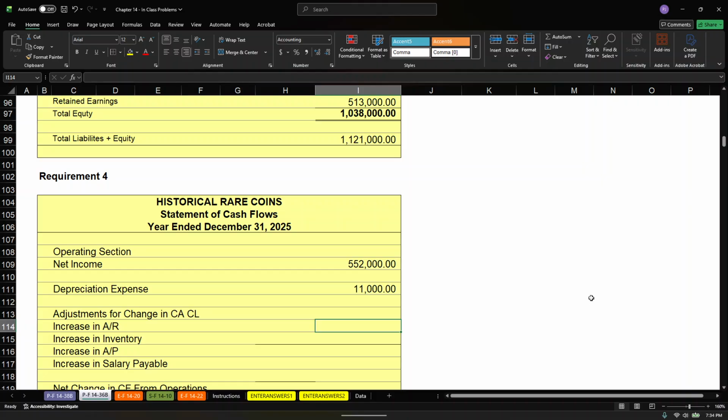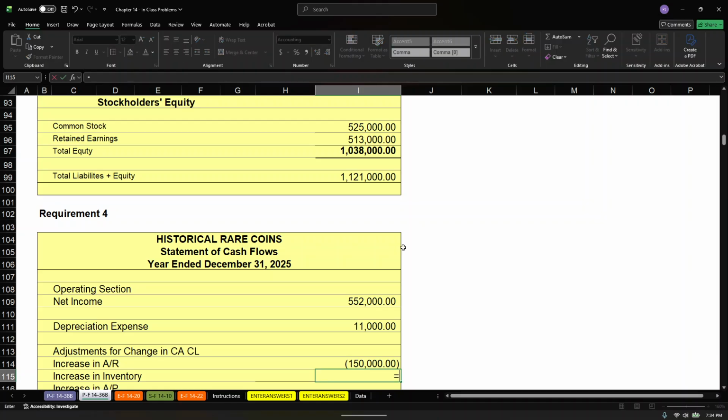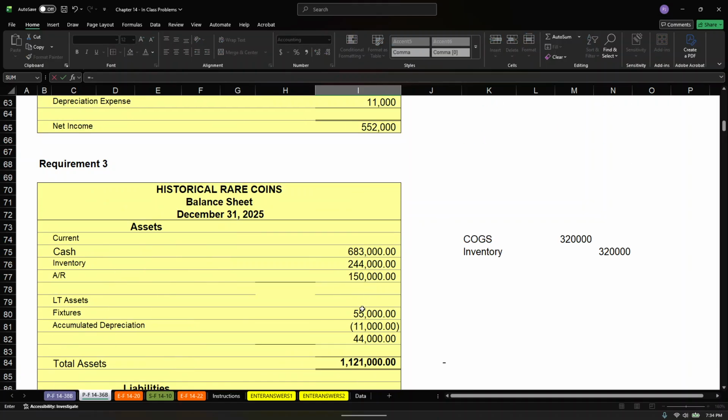Increase in inventory is also a negative adjustment because it's also a current asset. So I'm just going to do equals negative sign, cell reference to accounts receivable, equals negative sign, cell reference to inventory.